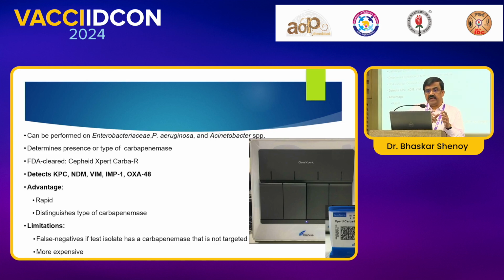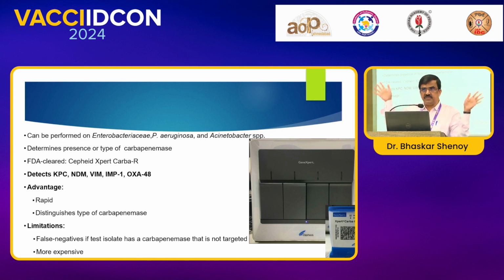It is performed on Enterobacteriaceae, Pseudomonas and Acinetobacter. It tries to define the type of carbapenemase because the drug changes. But it detects only 5 genes as of now; probably over a period of time we will be able to detect more.